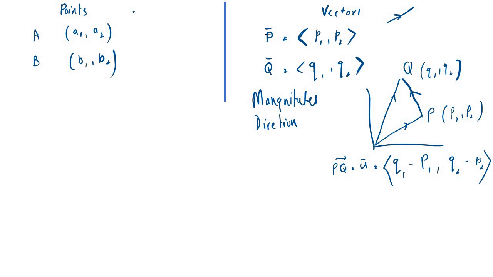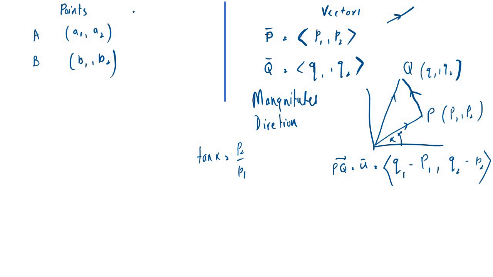So the next thing we want to show is the angle, the direction. If P makes an angle alpha with the x-axis, then tan alpha would be equal to P2 over P1.